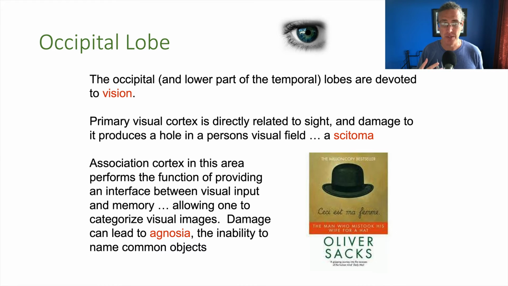And that allows us to recognize things unless it's damaged. If that cortex is damaged, then we show this visual agnosia. Okay, so it's a nice example for talking about that distinction between primary and association cortex. That's there in all of the lobes, but really strongly present in visual. Okay, which is the occipital lobe.